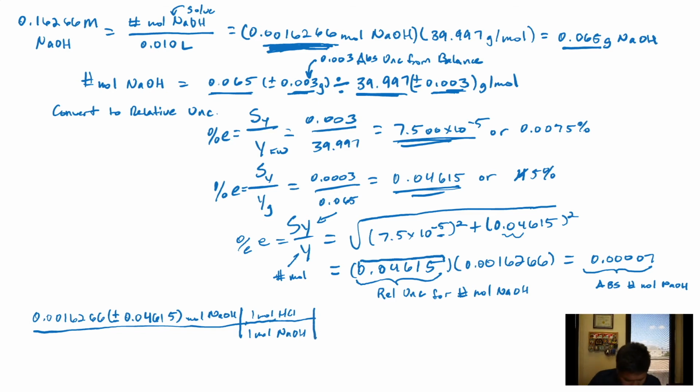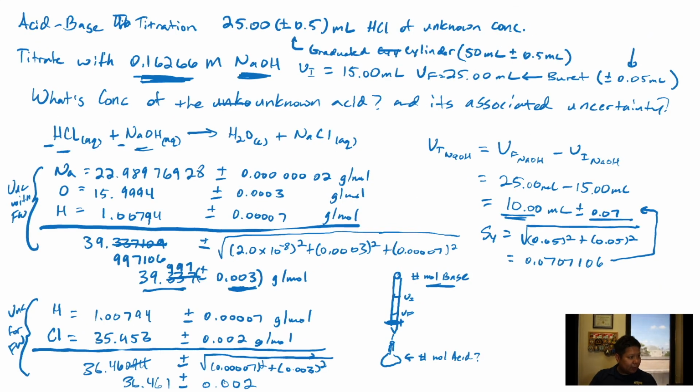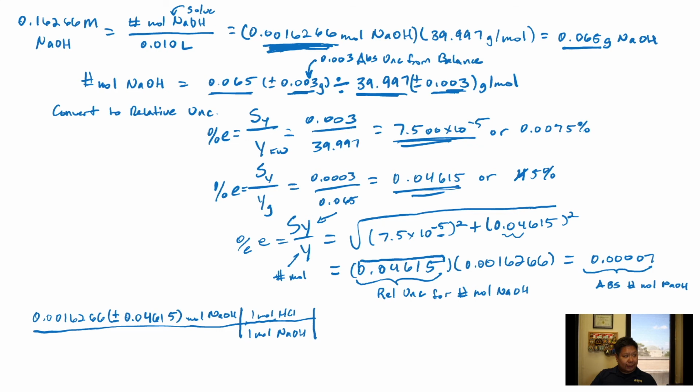Also take note, it is a 1-to-1 molar ratio, based on our previous chemical equation that we wrote out right here. But keep in mind that it might not always be a 1-to-1 molar ratio. And so you can't just use M1, V1, M2, V2. In fact, don't do that at all, because I'll just count it wrong. So do it correctly, okay?